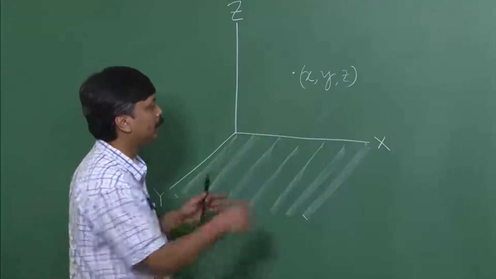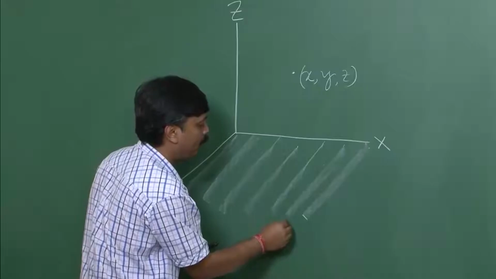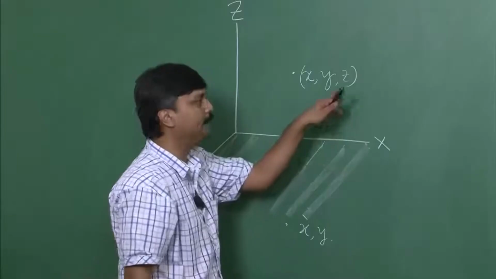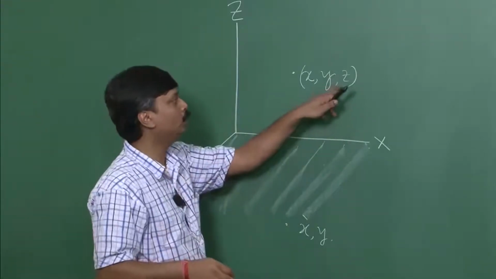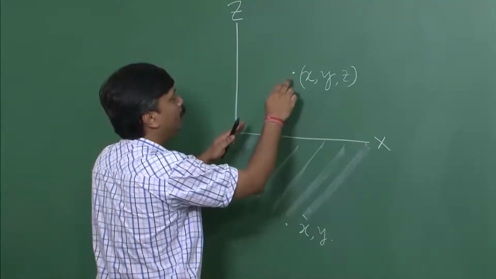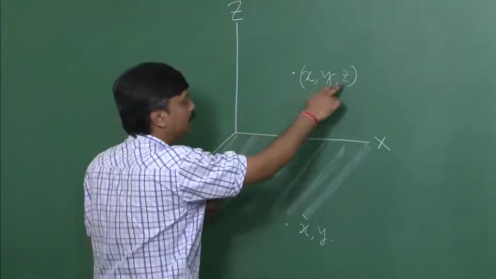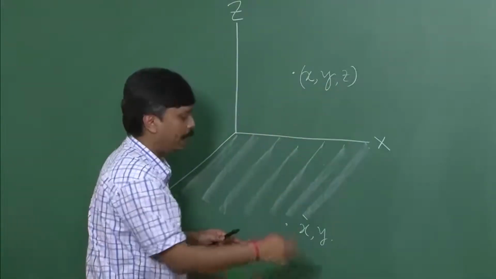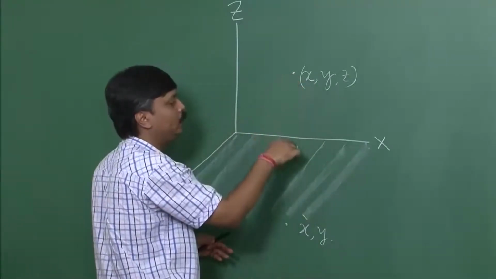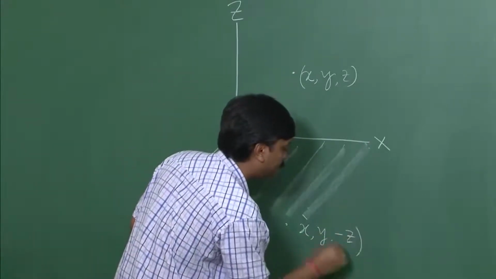So after reflection it will go somewhere below the plane. Right now I have the point where the z coordinate is in the positive z direction, so now this z will go downside and it will have a negative coordinate. It will be exactly inverted, because reflection will take you an equal distance on the other side of the plane. So you have minus z.